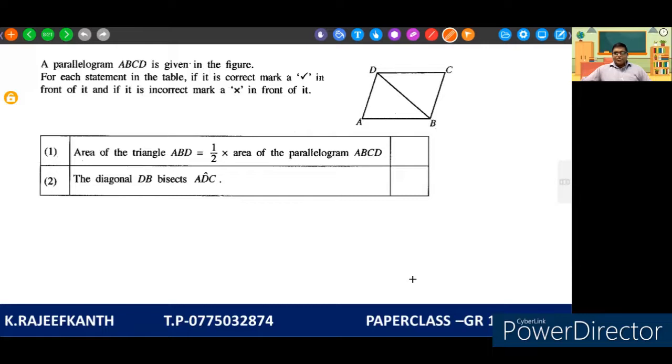So there are two statements. You have to decide whether the two statements are right or wrong. Right.